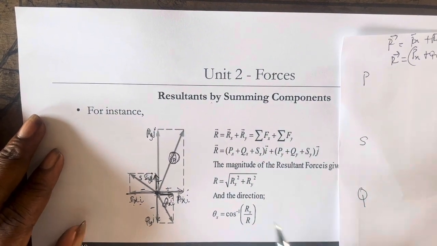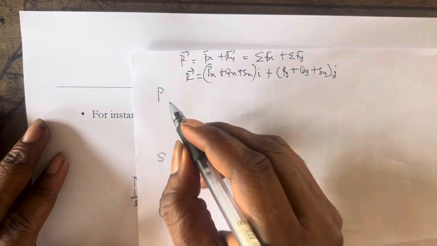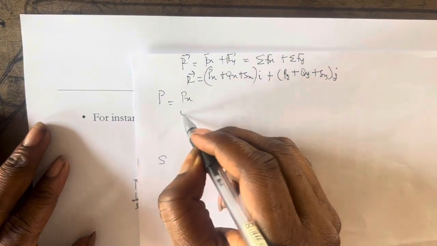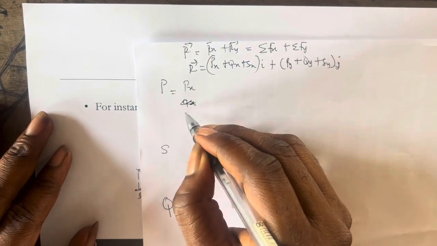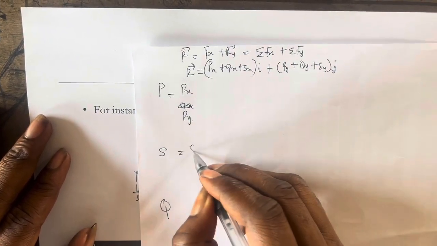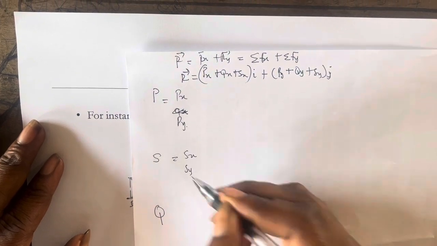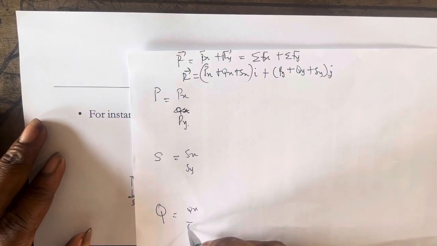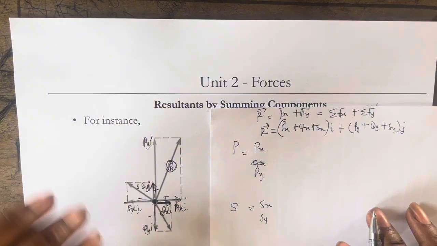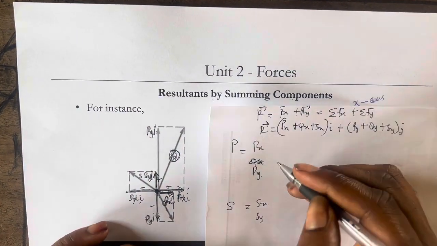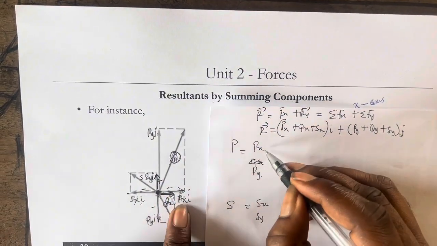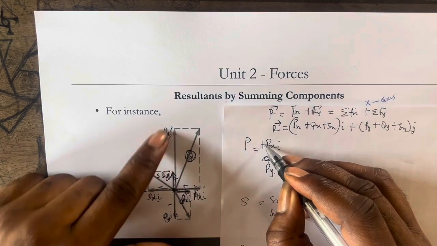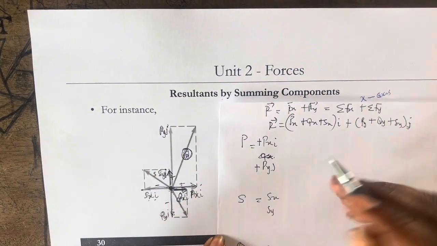So if that happens and we get all the forces, for P we have Px and Py. For X, we have Xx and Xy. For Q, we have Qx and Qy. So if you want to look at the direction very well, for P, the Px i will be positive. Py j will be positive.